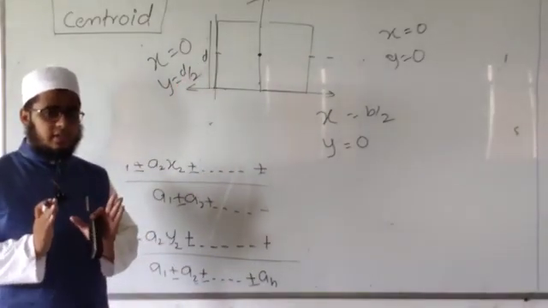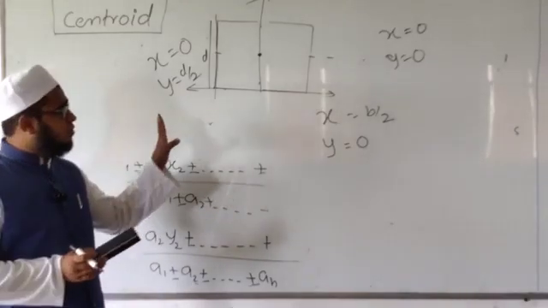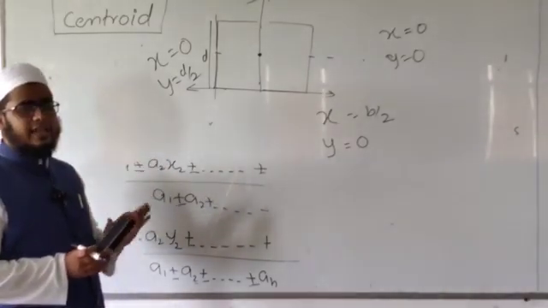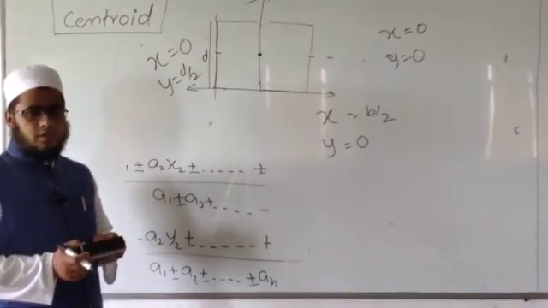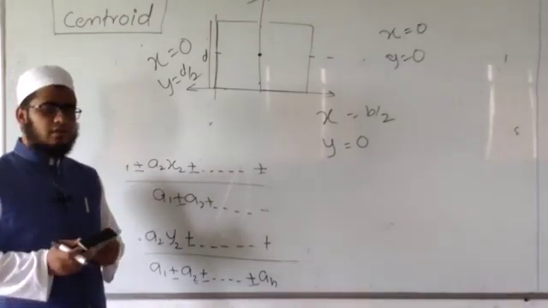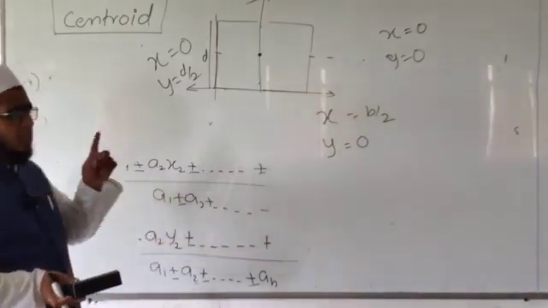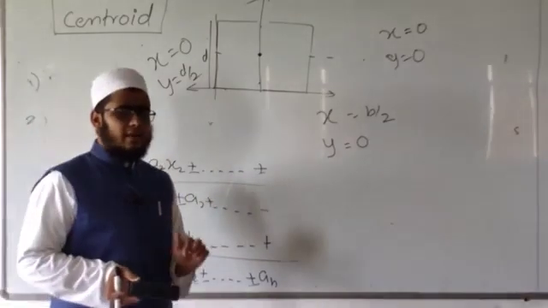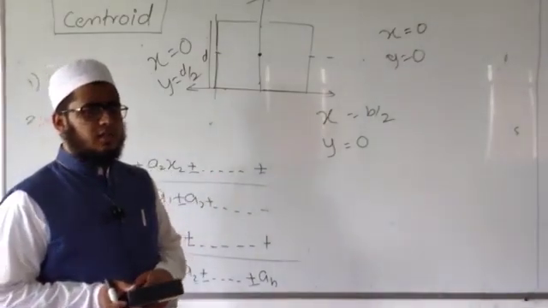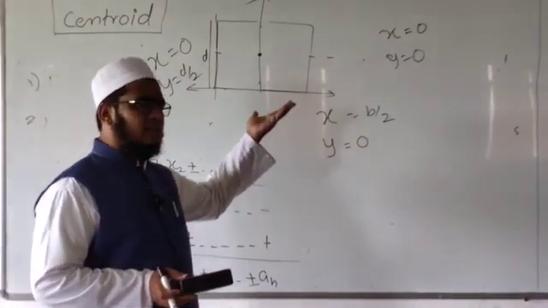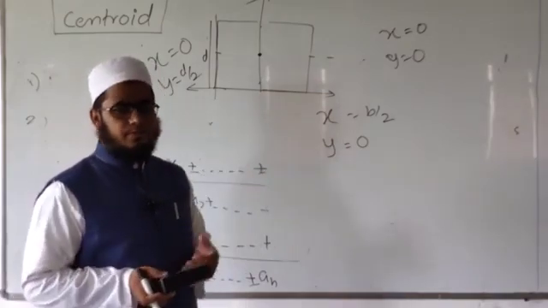For these symmetrical figures, we can directly get the value of the centroid. Again I will repeat this. Whenever the body or the object or the plane lamina is symmetrical about both the x and y axes, the coordinates of the centroid x and y are 0.